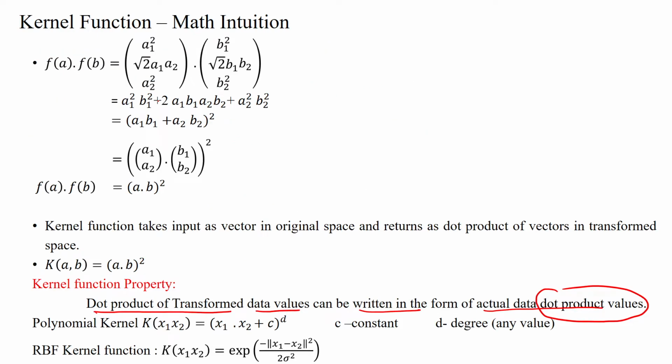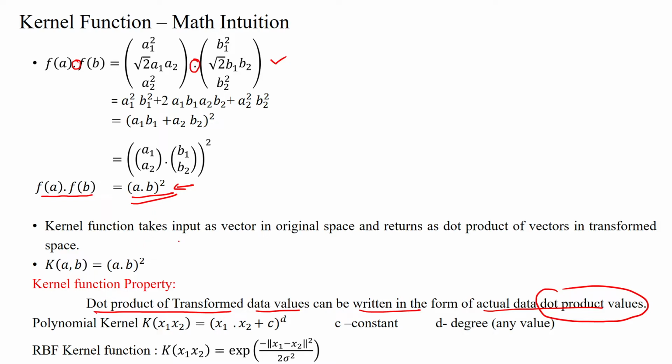So when we apply the dot product of these transformed values, it will be written as the actual data dot product values. This is the actual data. So when you apply the dot product, you will finally get this format: a dot b whole square. So the dot product of transformed values can be written in the form of actual data dot product values.